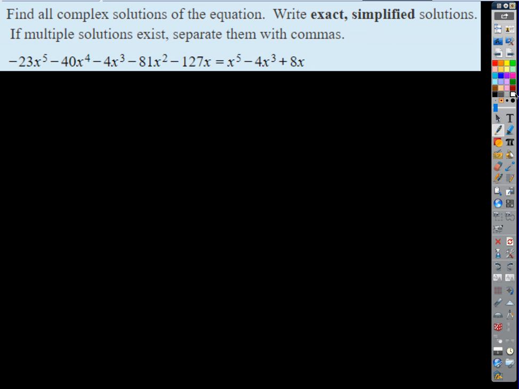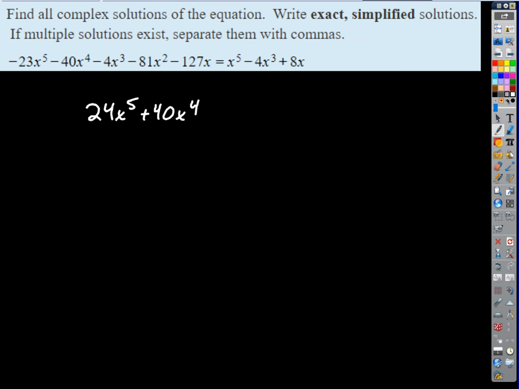So where should I push everything on this one? Yeah, to the right would make sense. We could go to the left, but let's keep the leading coefficient positive. So let's push everything to the right. If I add 24x to the fifth to x to the fifth, I get 24x to the fifth. If I add 40x to the fourth to that side, I get a positive 40x to the fourth.